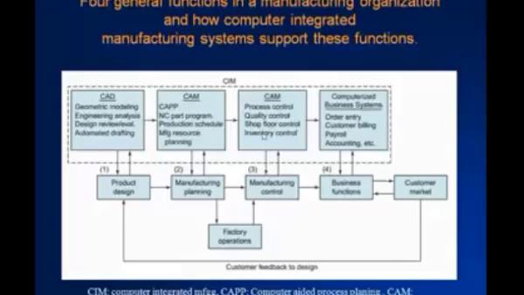CAM, the computer aided manufacturing, is about the process control, inventory, and shop controls. And the business functions are related to payrolls, accounting, etc. So the functions outside this CIM are related to the markets, and the feedback is given to the product design function.